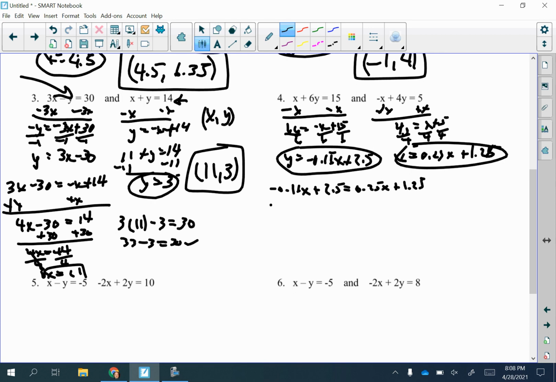So move the smaller number, which is 0.16x. And we're going to add that. So I'm left with 2.5. And 0.25 and 0.16 is 0.41x. And now I'm going to subtract 1.25 over to here.